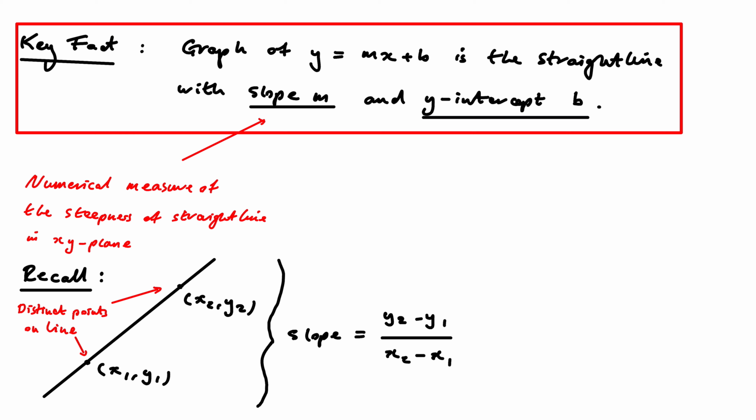So the way to think about this really is the y2, at least the way I've drawn it, the y2 minus y1 is like that length there, and the x2 minus x1 is that length there. So this is a ratio of those two sides. So it's often called rise over run. The top is called the rise, and the bottom is called the run. This is a little bit misleading because you could be going down.